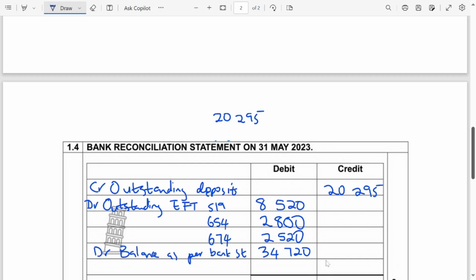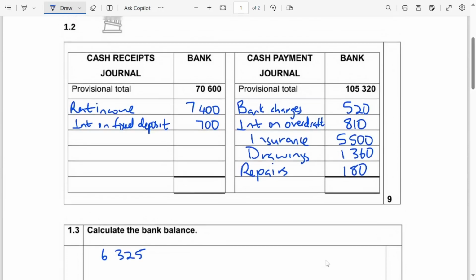So now let's totalize the CRJ and CPJ. CRJ 78,700. And then CPJ 113,690.